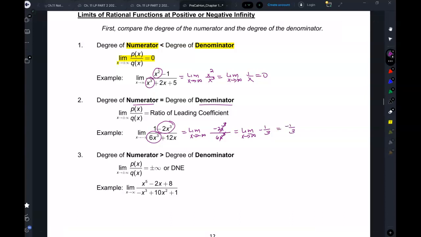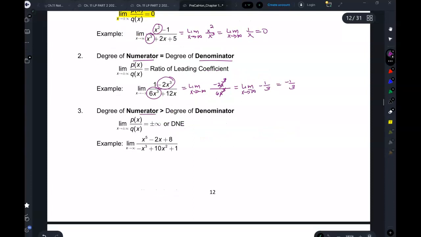Okay? And then, if the numerator has a higher degree, let's see this one. The limit as x approaches infinity. Leading term, leading term. This will give you negative x squared. So we're looking for the actual limit here, not an asymptote.